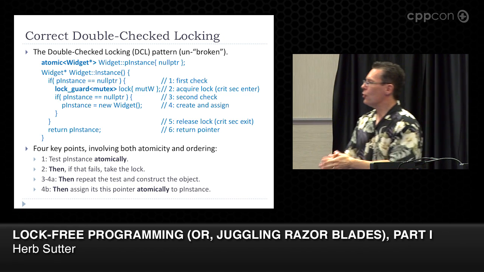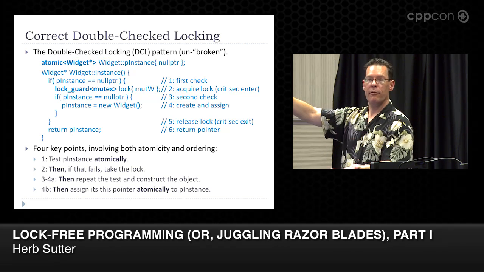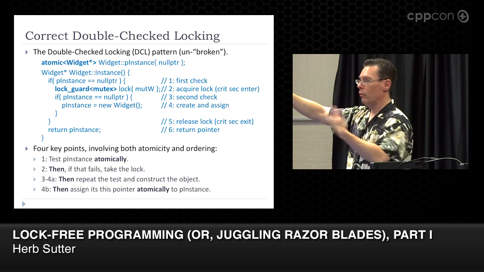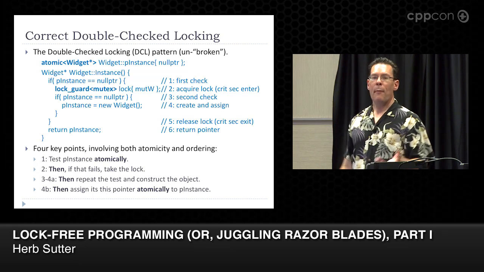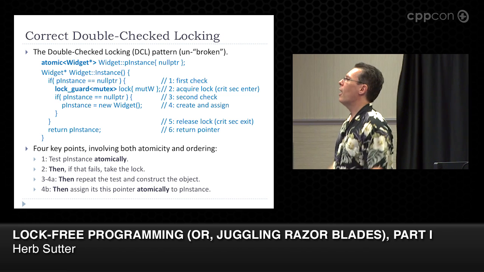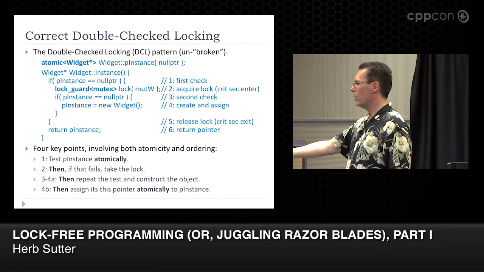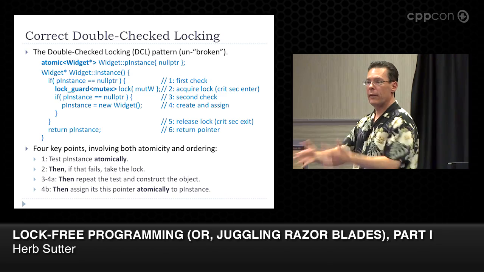But you don't want to just take a lock every time. I mean, you could just say, take the lock, and if p instance is not null, return it. Release the lock. But that means for the whole lifetime of your program, you take the lock every single time you even want to look at the instance pointer, when the only thing you really need to protect is the construction to make sure it's done once.